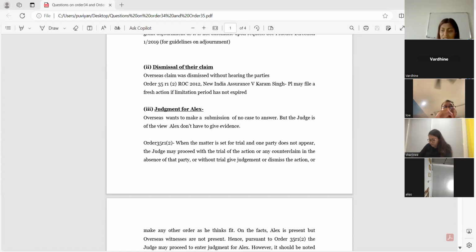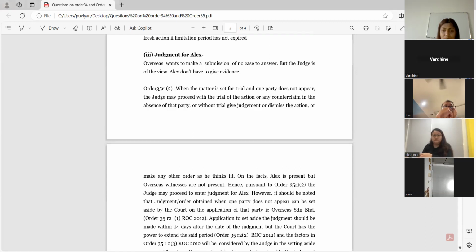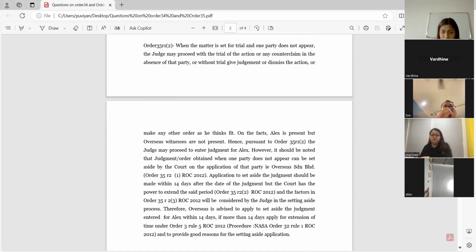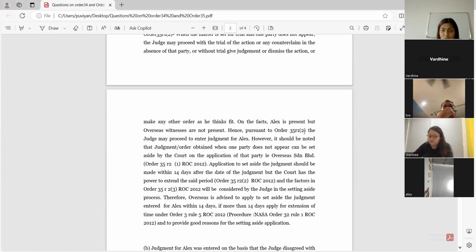On the facts, Alex is present, but Overseas' witnesses are not present. Hence, pursuant to Order 35, Rule 1, subsection 2, the judge may proceed to enter judgment for Alex. However, it should be noted that a judgment or order obtained when one party does not appear can be set aside by the court on the application of that party.